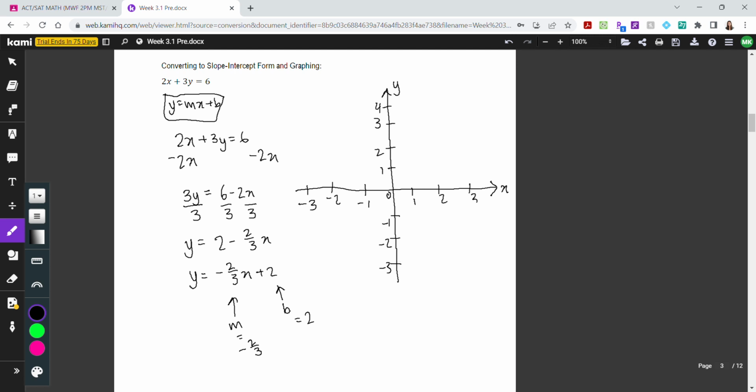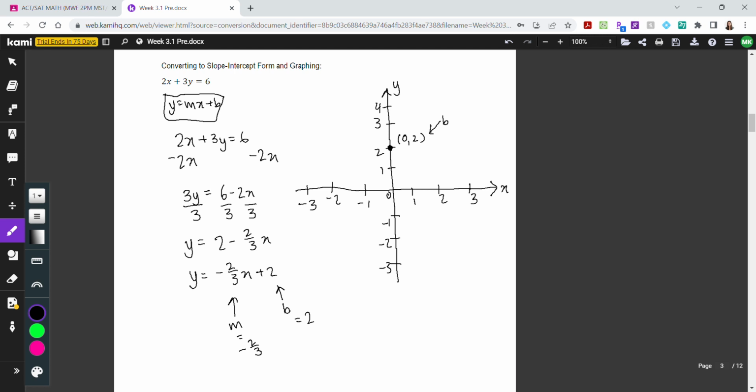Now when we plot it, we instantly already know what one point is, which is going to be (0, 2), because that's where our y-intercept is. From here, because I know the slope is negative 2 over 3, I can go 2 units down and then 3 units to the right.